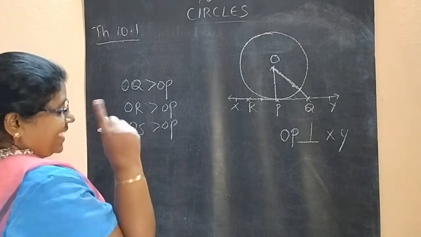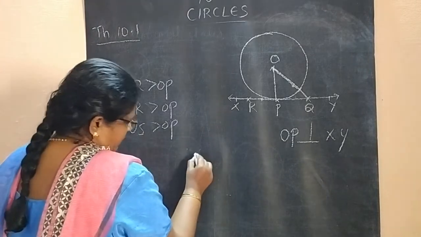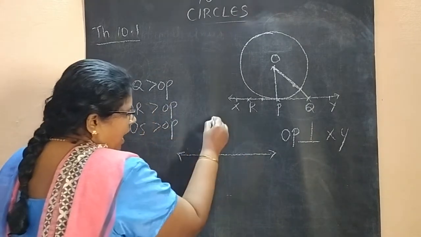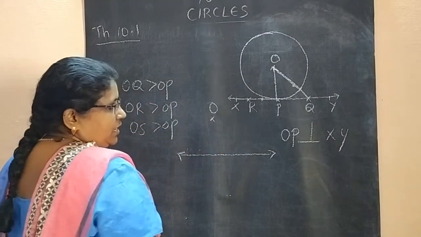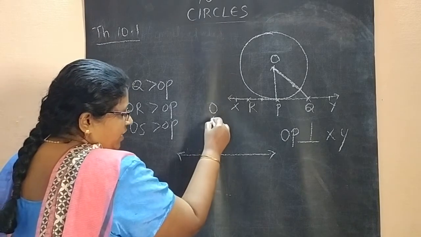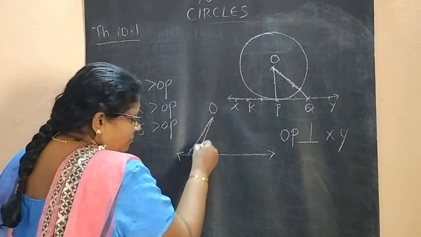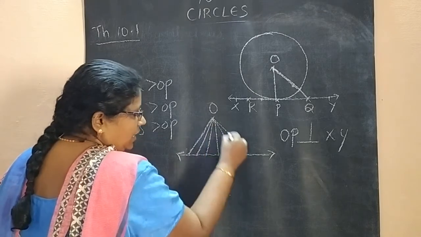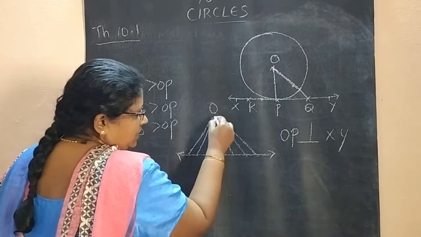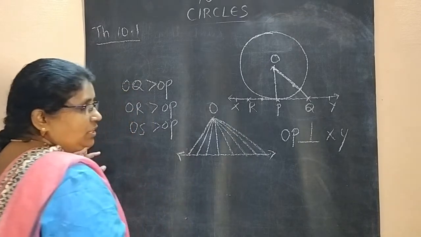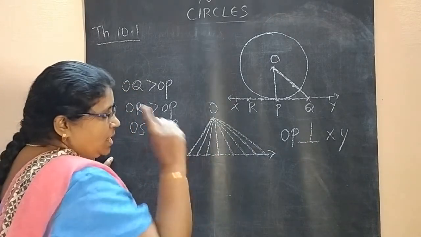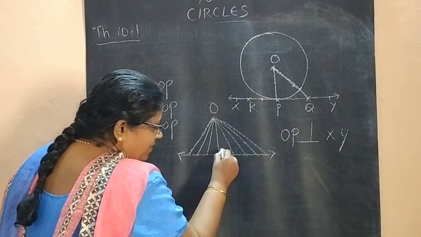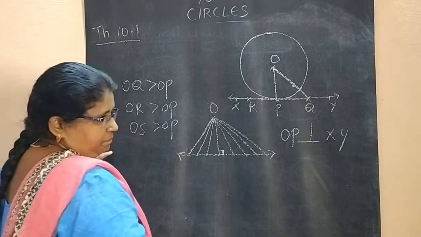Understood? In 9th class you studied one result. If you have a line and an exterior point, from this point we can draw an infinite number of line segments to the particular line. But out of those line segments, only one will be perpendicular.